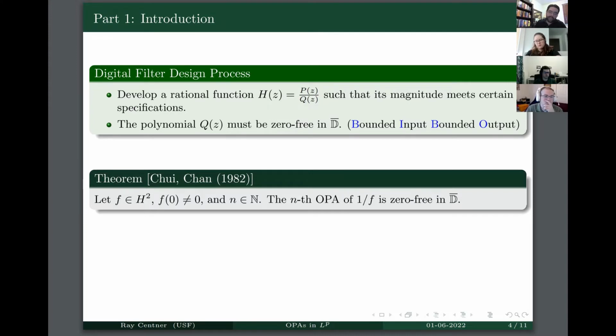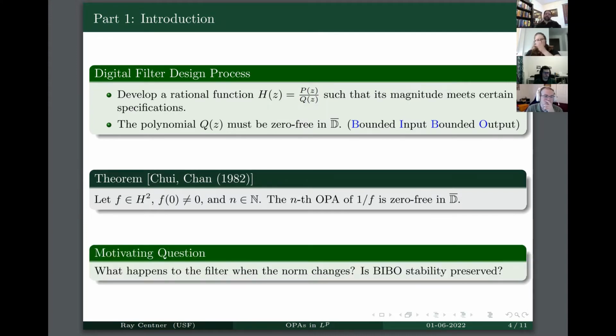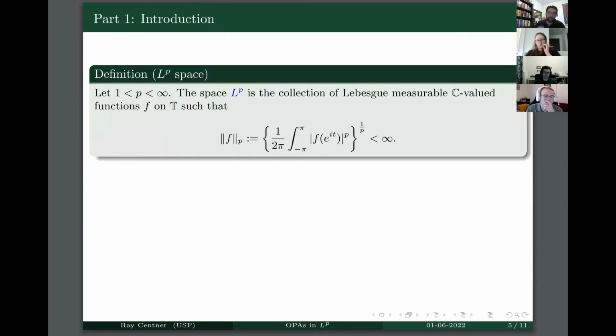So that motivated this project. What happens to the filter when you change the norm? Is stability preserved? To answer that question, I decided to investigate the LP setting. Recall that the space LP is the collection of measurable functions defined on the unit circle so that this integral is finite.